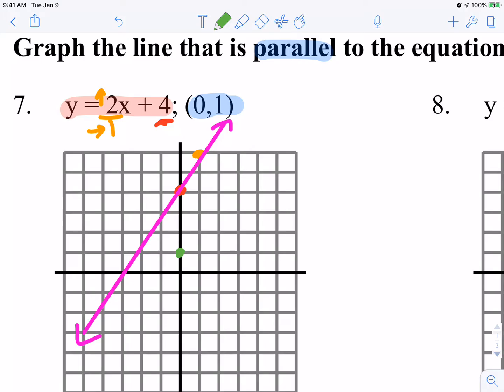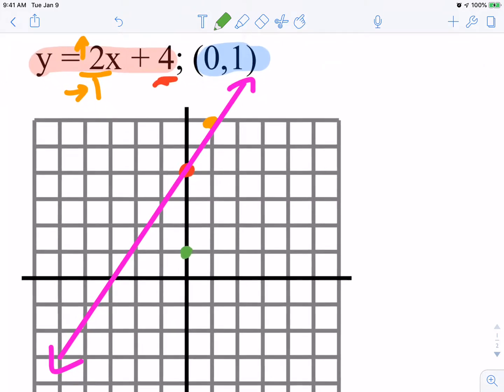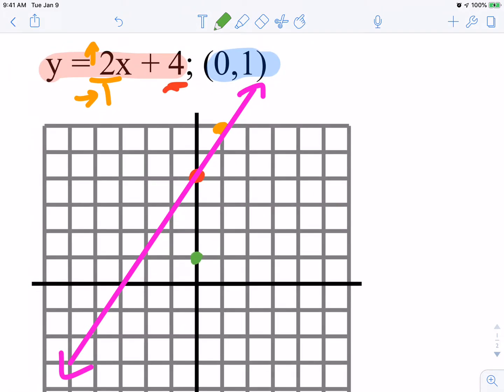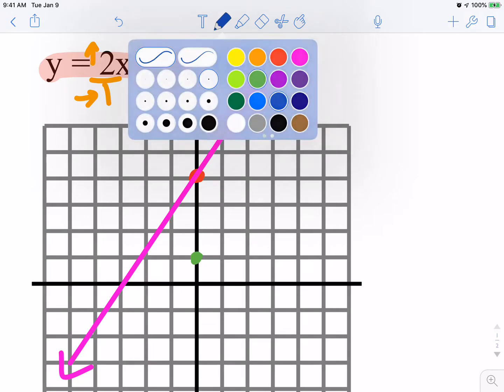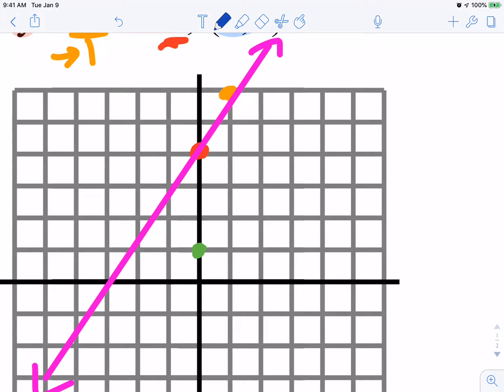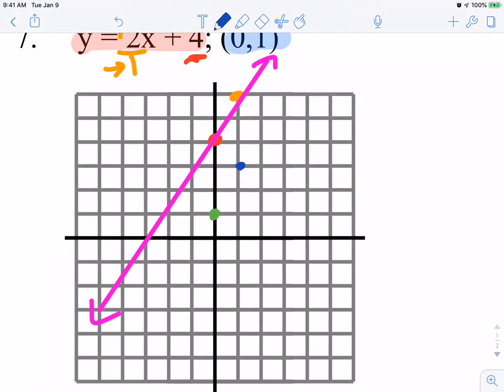Remember, parallel means same slope. Our slope for the pink line is 2 over 1. That means up twice, right once. So from this green dot, I'm going to go up 2, right 1, and draw my line. And see again, these two lines are parallel, and they will never meet.